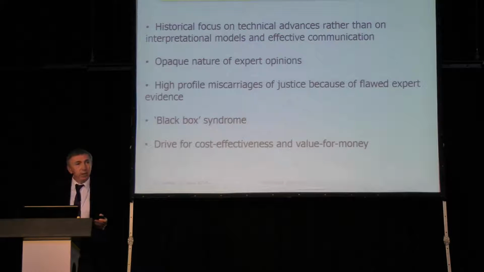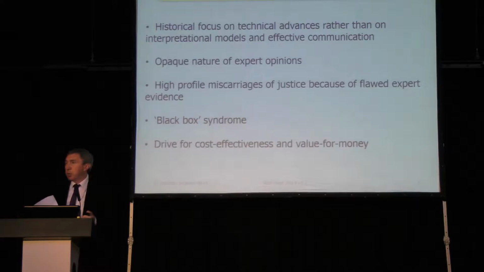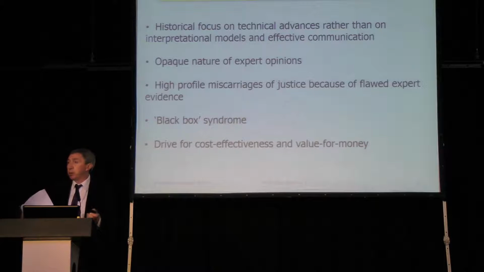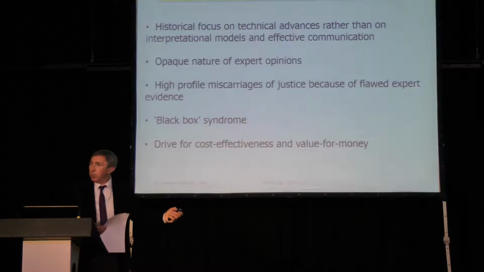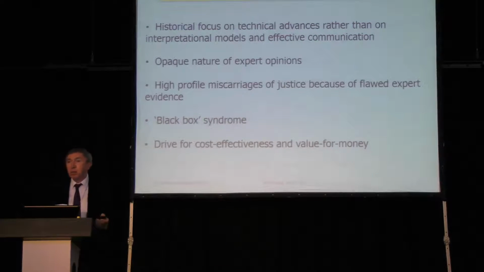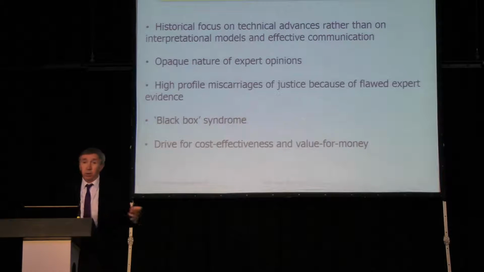We have this feeling as well of a black box syndrome that the police, who are the primary commissioners of forensic science, see forensic science maybe as a black box. You shove evidence items in one end, and out the other end, many weeks later, pops the result and opinion. And they don't really want to know what goes on inside that black box, and quite rightly so in many ways.